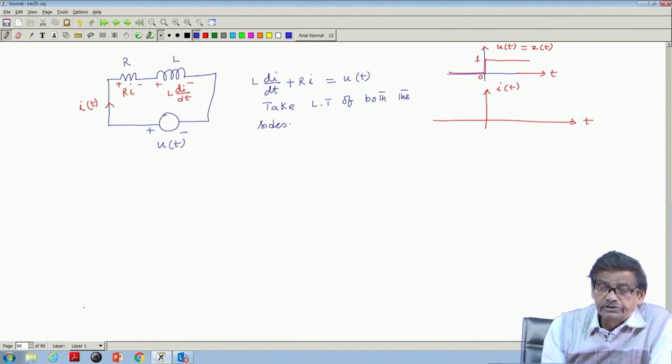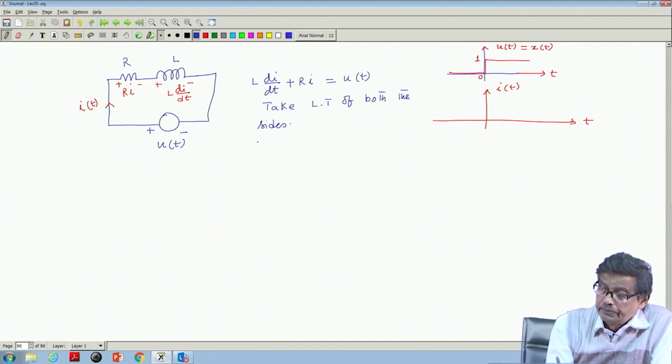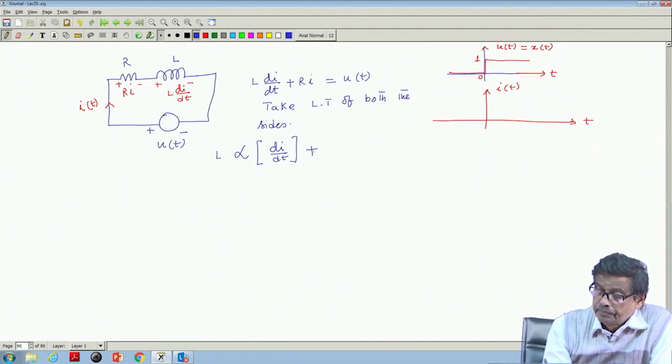If you take Laplace transform of both the sides, you will get Laplace transform of L di/dt, L can be taken outside, L being a constant, Laplace transform of di/dt plus R Laplace transform of this variable, time domain variable i, which is still not known, and on the right hand side I will get Laplace transform of unit step u(t).